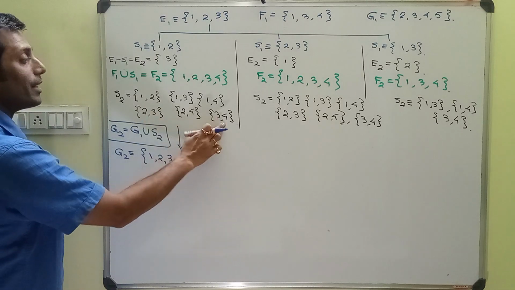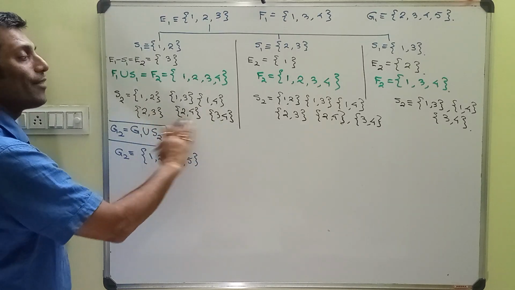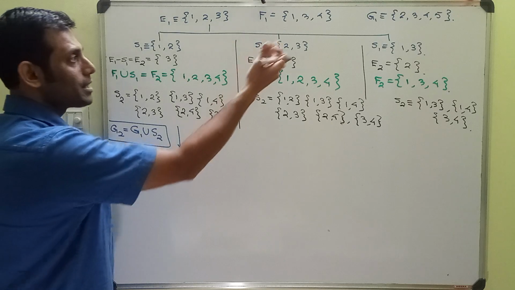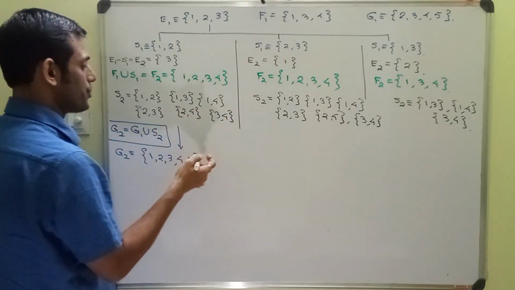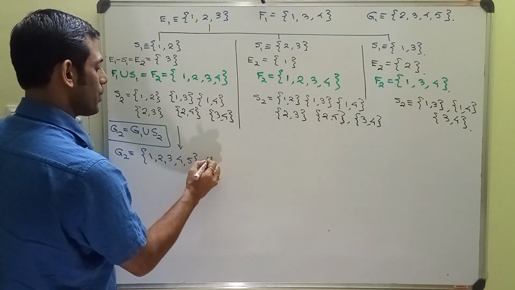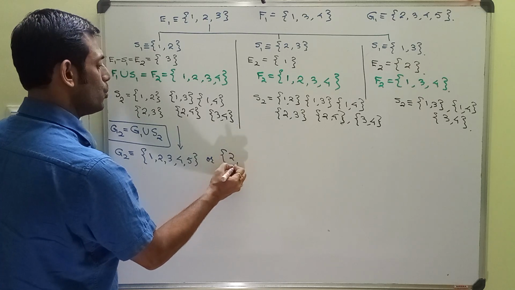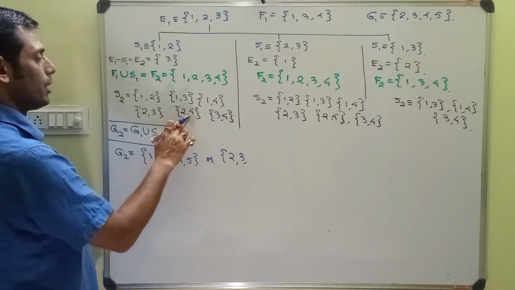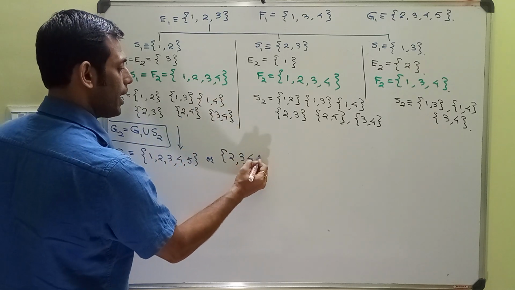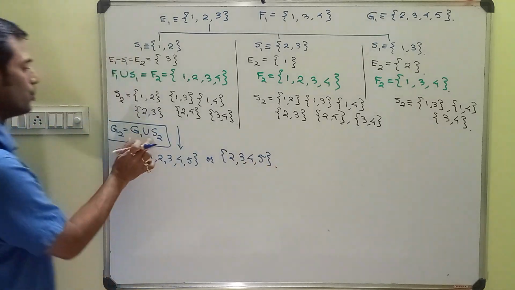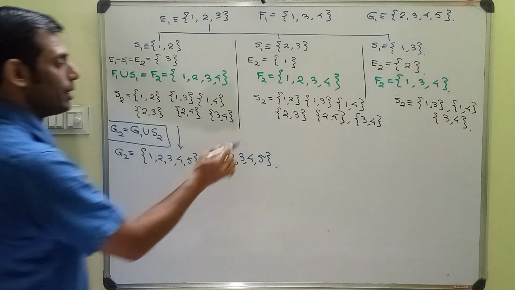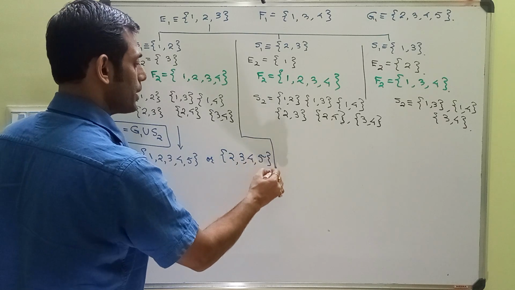The other three do not have any 1 and they carry subsets of G1, and that means you can form 2, 3, 4 and 5 as a possible union set G2. This is the possible case here.